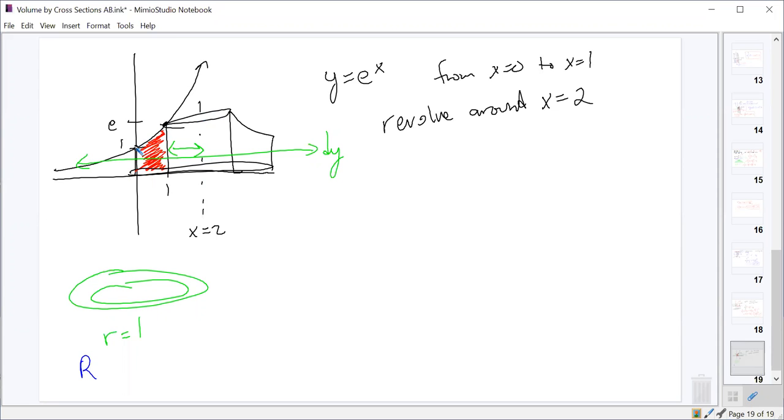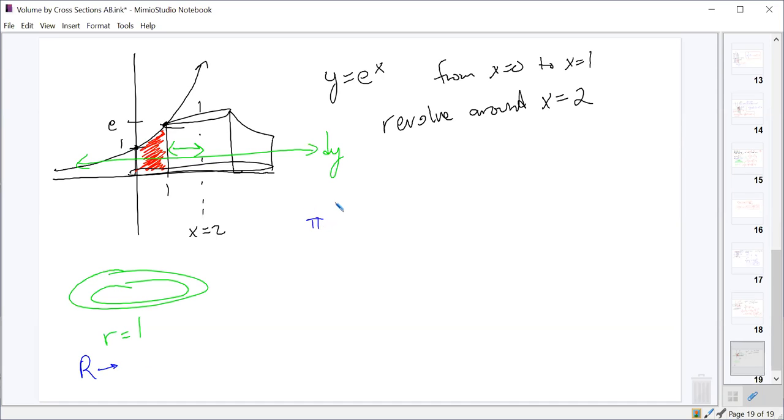Does e to the x always bound the left part of that region for all y values from 0 to e? No. No, sometimes there's this vertical line that does. So our outer radius is a little more complicated. It's got two different functions to bound it. And so we have to split it at the place where we change from one bound to the other.